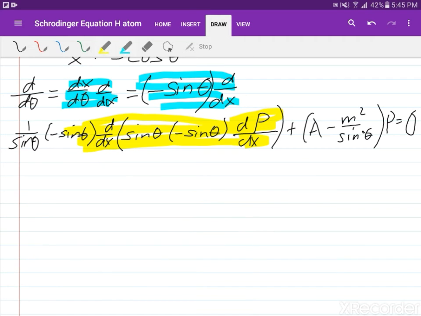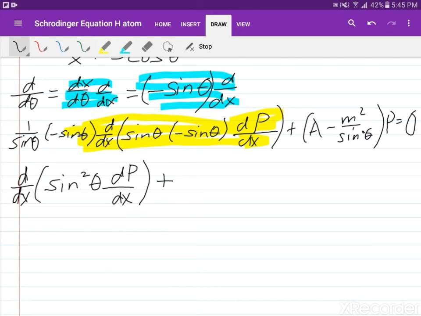So simplifying further, we would have d dx of sine squared of theta d P dx, plus a minus m squared over sine squared of theta times P equals 0.